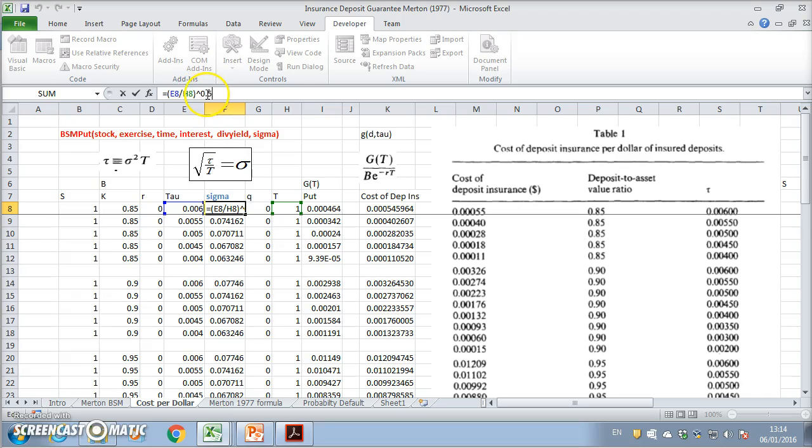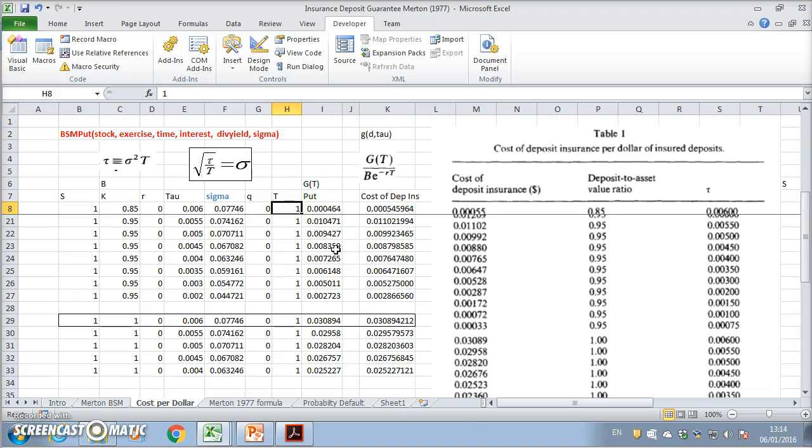Taking the square root is equivalent to going to the power of a half. Okay, so we convert the tau back into a sigma, and we also assume here, consistent with the framework here, that the time horizon is 1 year.